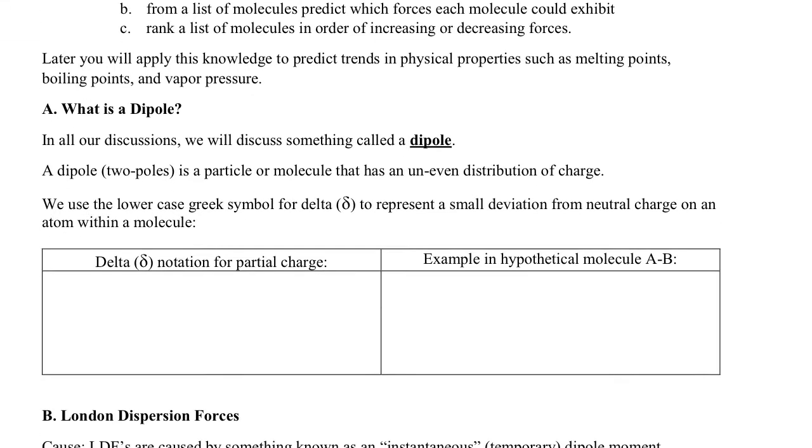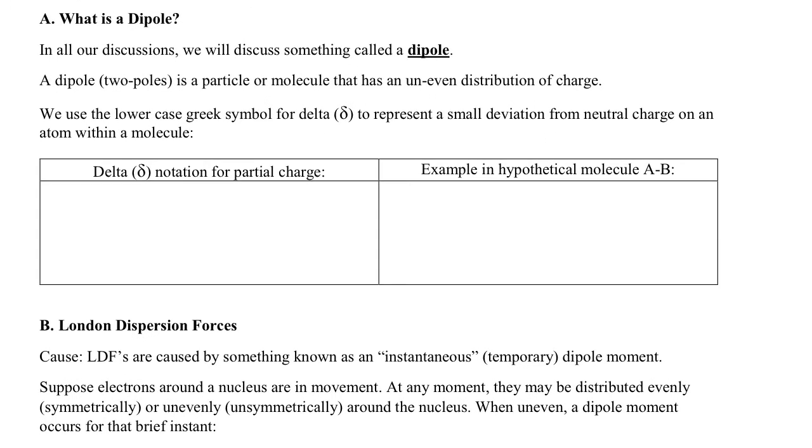Now, it turns out that all of the intermolecular forces have one thing in common, and that is that they are caused by something called a dipole moment. Now, let's talk about what a dipole is. We've discussed this before, but let's review the topic. A dipole is something that has two poles. For instance, the Earth is a dipole. It has a north pole and a south pole.